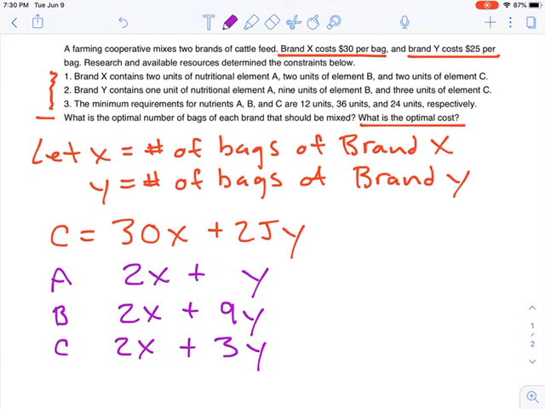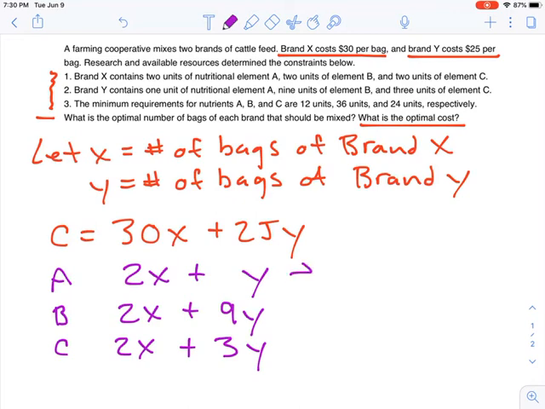Finally, the minimum requirements for nutrients A, B, and C are 12 units, 36 units, and 24. So if those numbers are the minimum requirements, that means the nutrients can be that number, 12, 36, 24, or greater than.